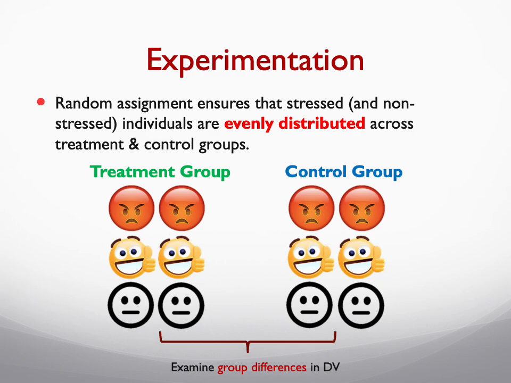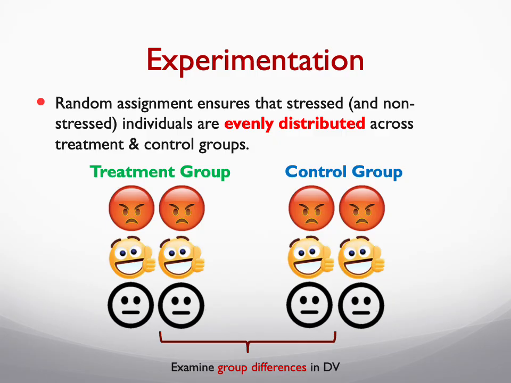Now, because it's working with random chance, it's not always going to work. Sometimes these are going to be unbalanced conditions, which is why, if you have very important or very concerning possible confounders that you'd really like to confirm are evenly distributed across conditions, you can also include measures of those variables.